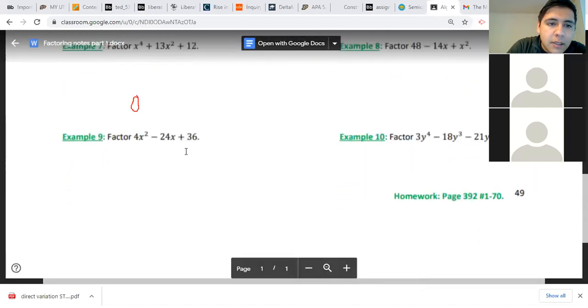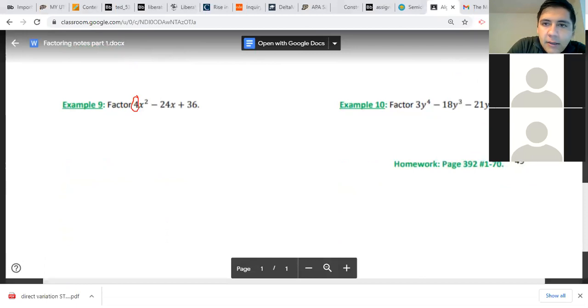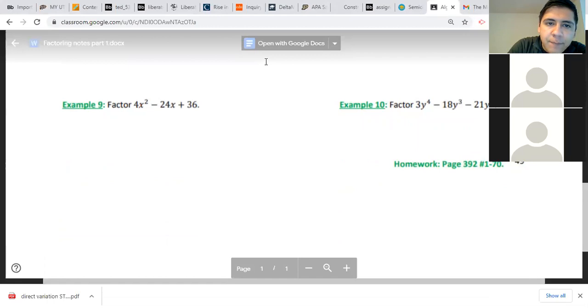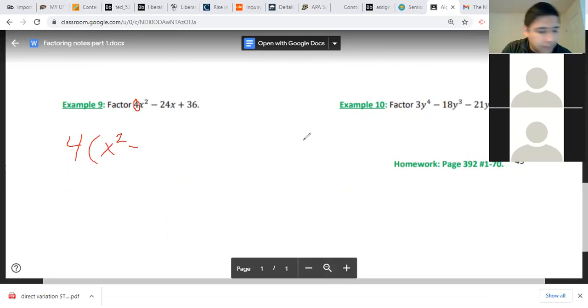So what we want to do is get to a 1 outside on the x squared. So if we factor out the 4, we're left with x squared. And what does 24 end up as, because we're factoring out a 4?